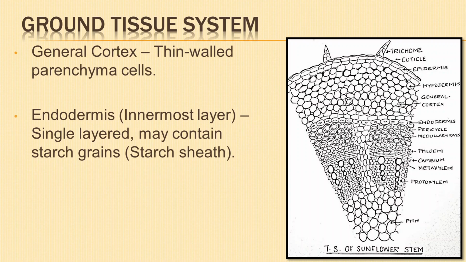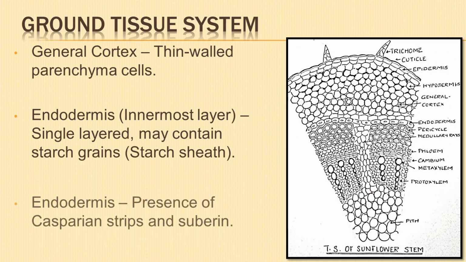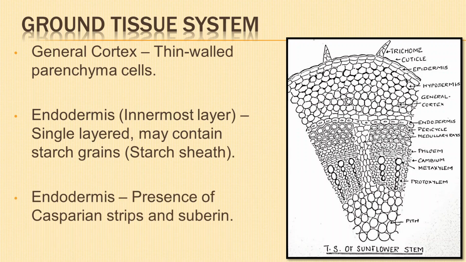It is single-layered and may contain starch grains, and hence is also known as starch sheath. The endodermis shows presence of the waxy substance suberin in the form of strips on the radial and transverse walls. These are known as Casparian strips.